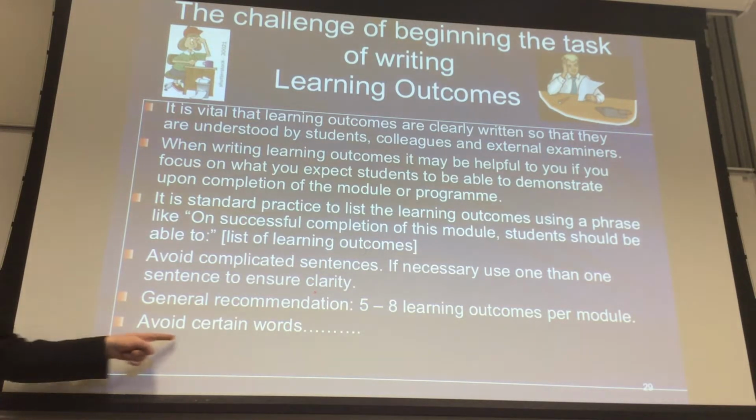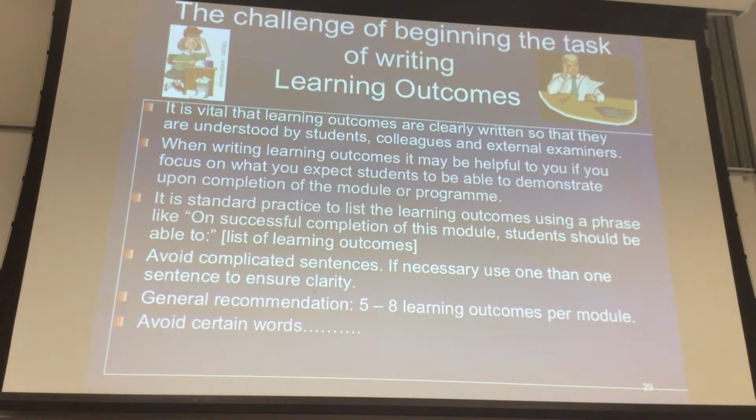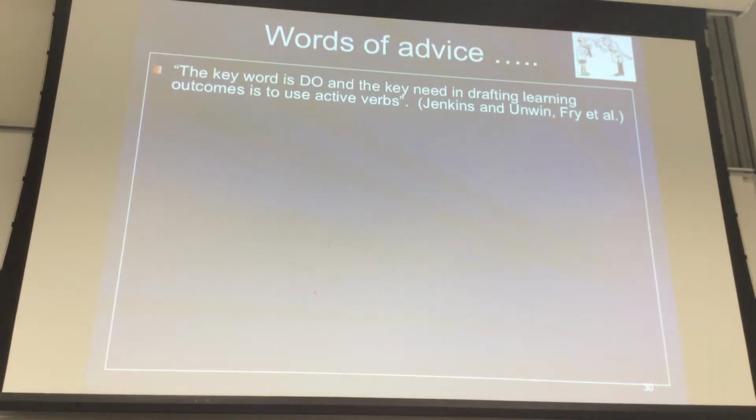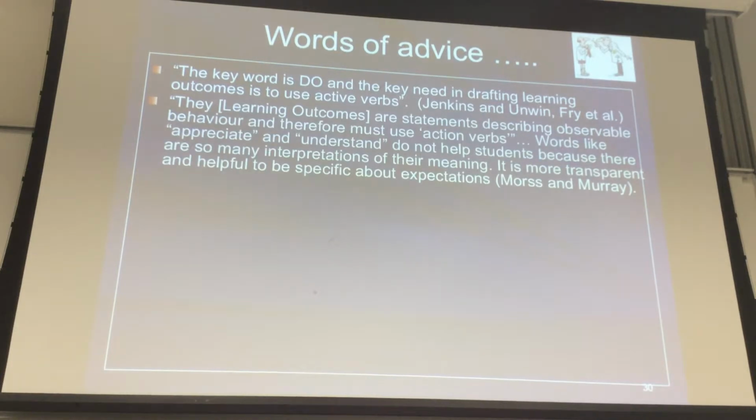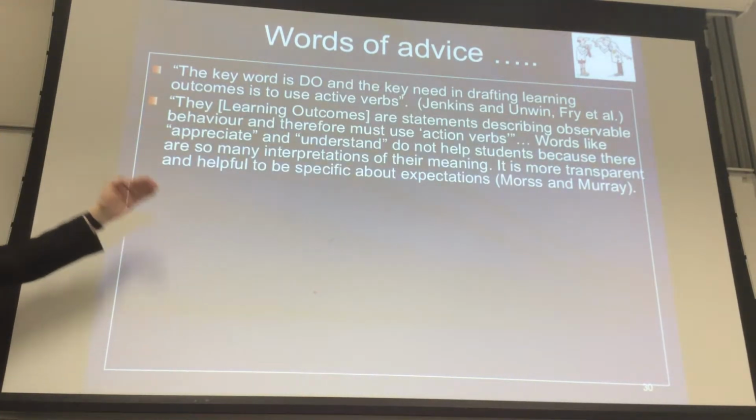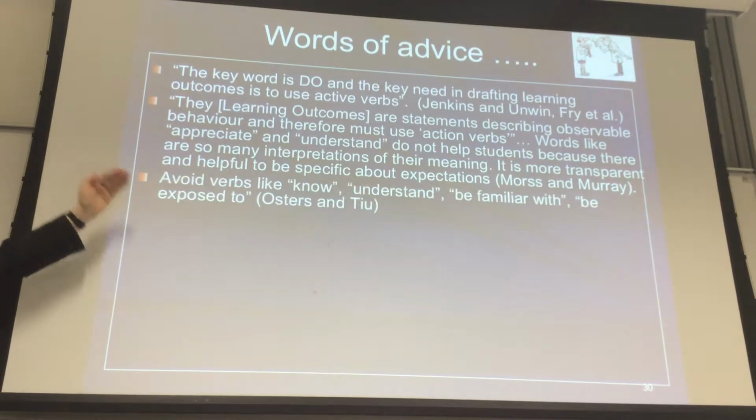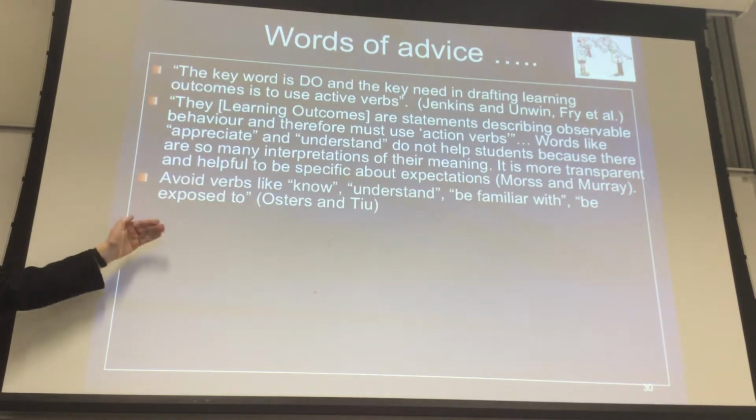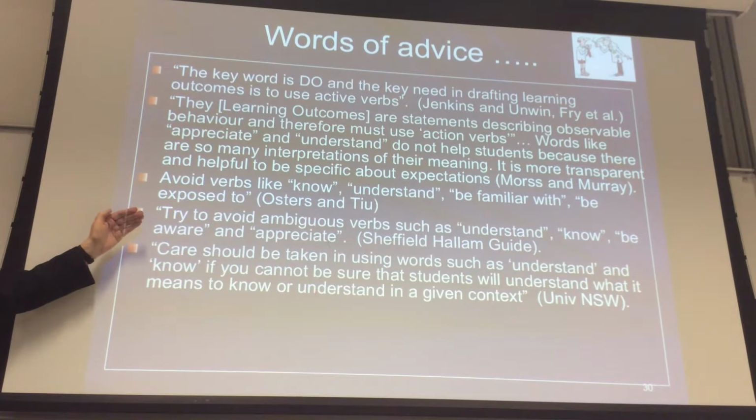It is very important when writing learning outcomes that you do not mix up the language of aims and objectives with the language of learning outcomes. That is the most common mistake. The mistake is well documented in the literature, where professors forget that they must use active verbs.